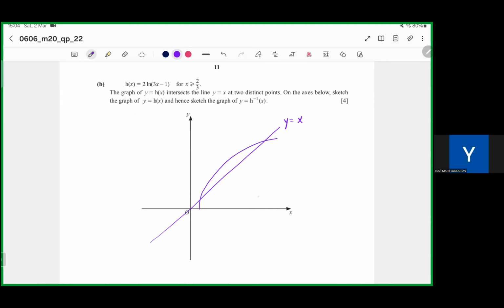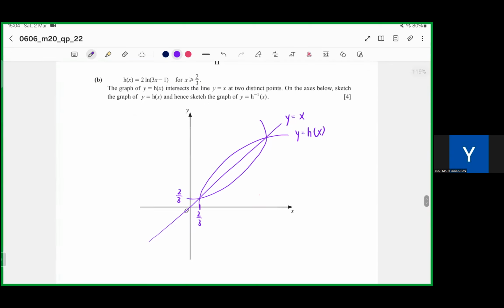So it will have two discrete points here. This is 2/3. And then we look at the inverse function here. It will also happen this way, at 2/3. So you will see it's mixed together here.